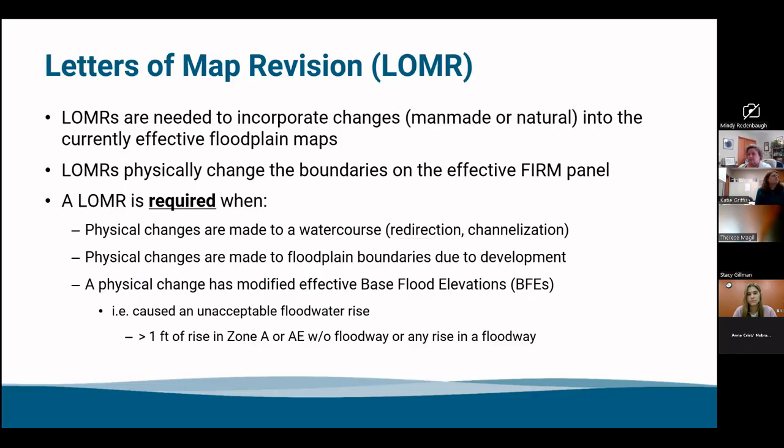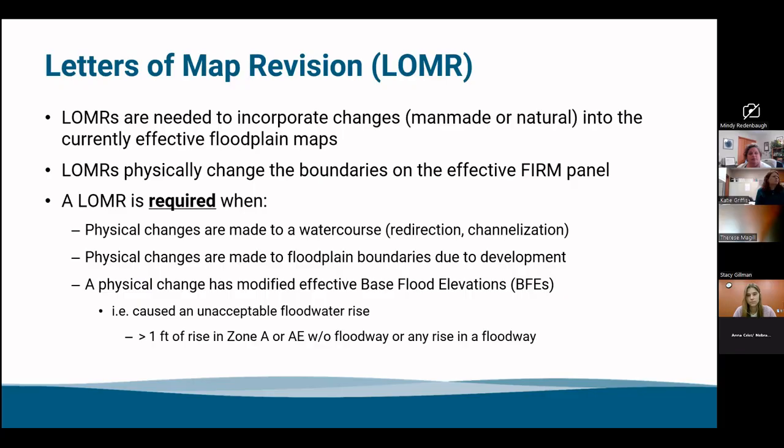Now, these changes can be man-made, so humans physically changing the landscape and the base flood elevation or the floodwater flows, or they could be natural, like a large flood, which alters waterways, changes what is currently seen on the FIRM panels, which makes them inaccurate.